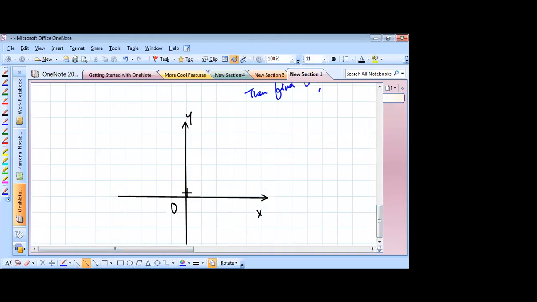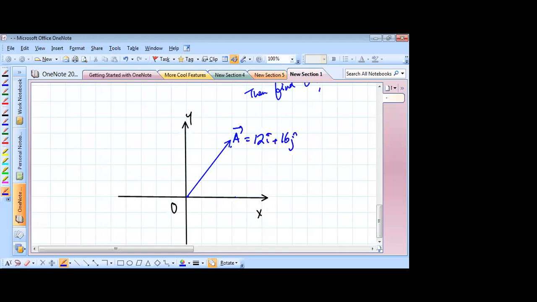So you'll see the vector A looks something like this. It has components 12 and 16.